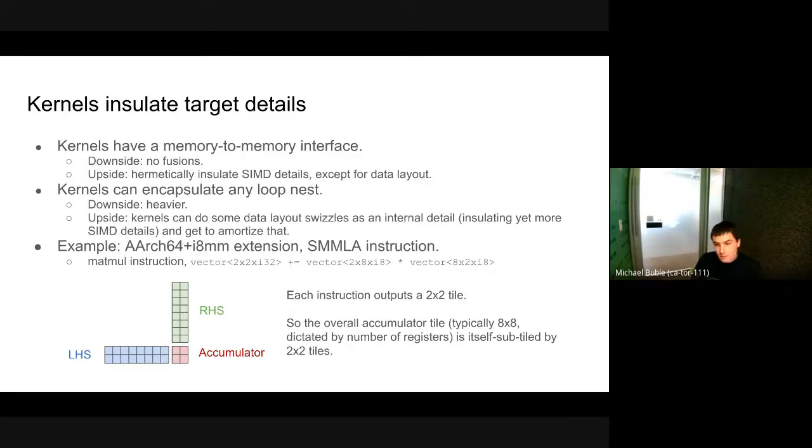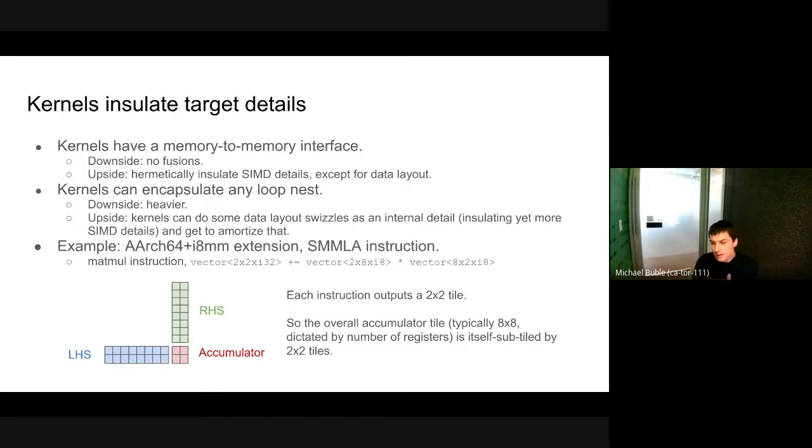So here's an example. AArch64, so that's ARM64, with a recent SIMD extension called i8mm. It's implemented on the Apple M2, I've been told, and it's implemented on the new mobile ARM architecture CPUs starting from the end of last year.